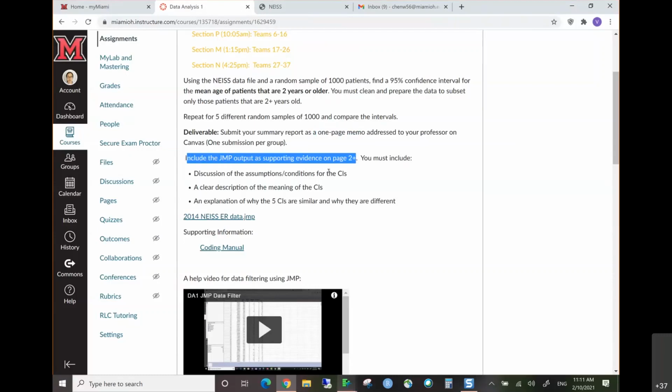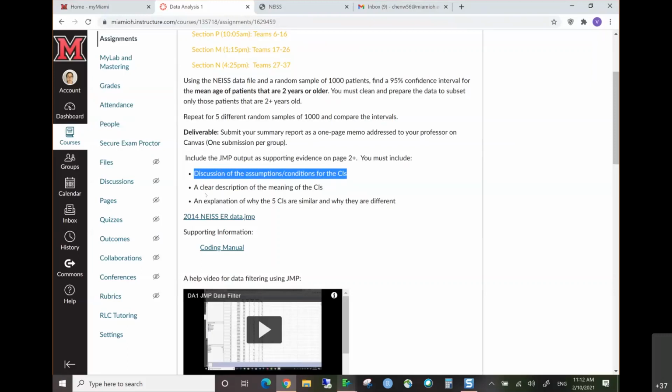All right, so in your memo, you must include these three discussions. The first one is a discussion about the assumptions for the confidence interval. So you always need to check the assumptions before you compute the confidence interval.